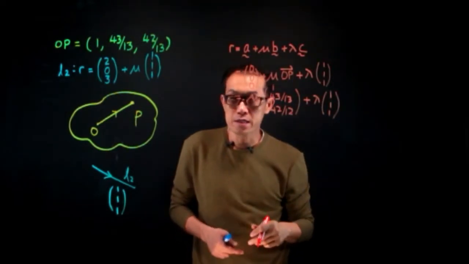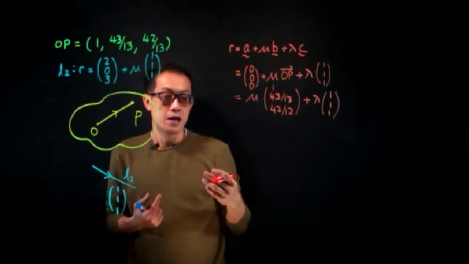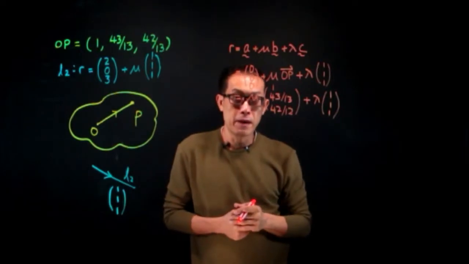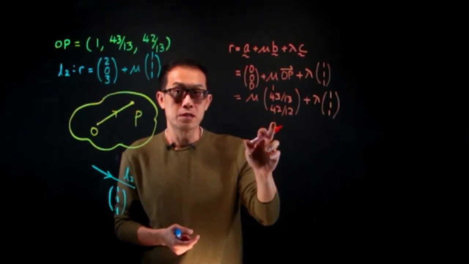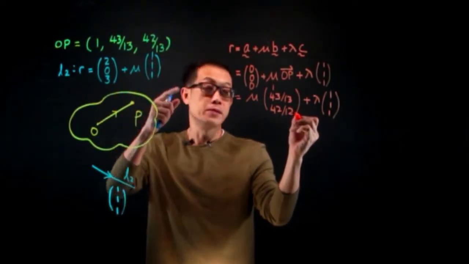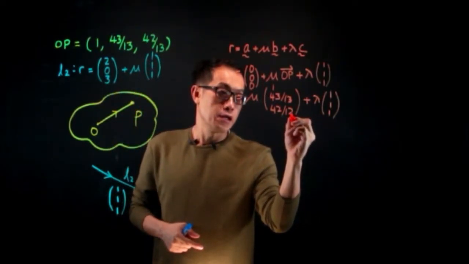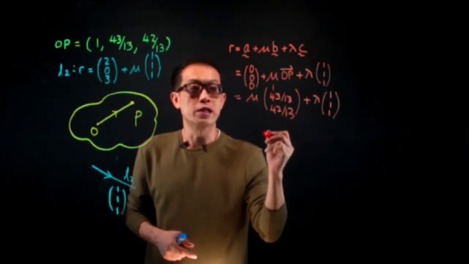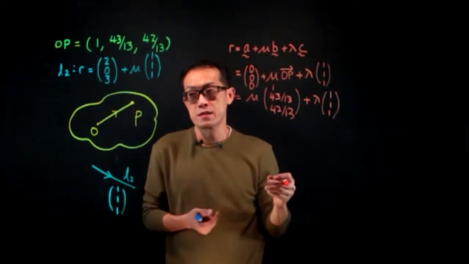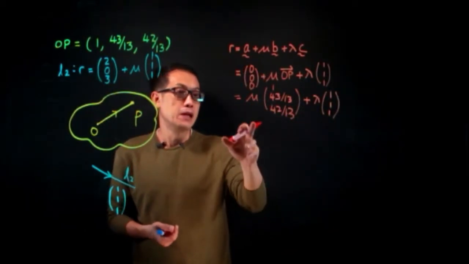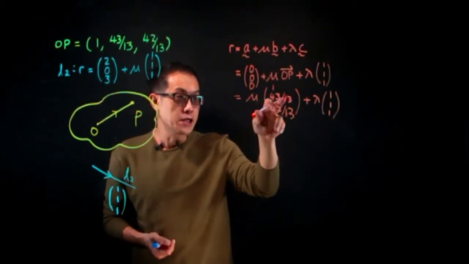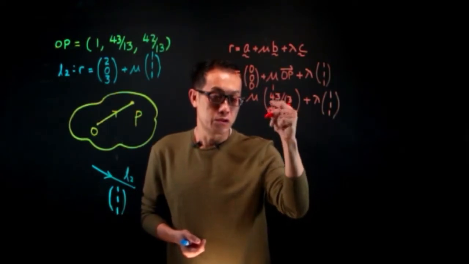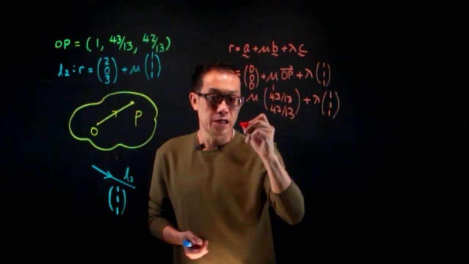Now mu is just a scalar quantity, alright? It is just a real number. Sorry, this should be 1/3. So we can multiply by 3 throughout this vector here.